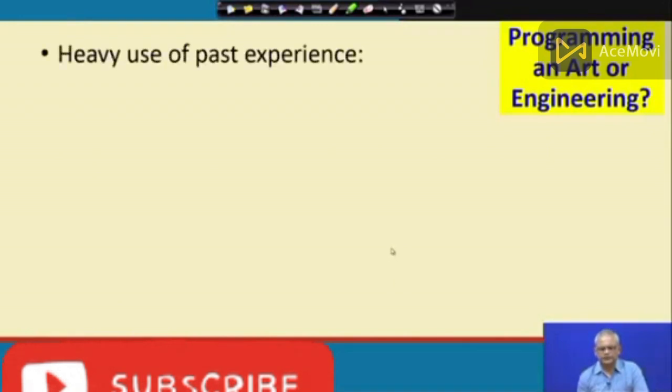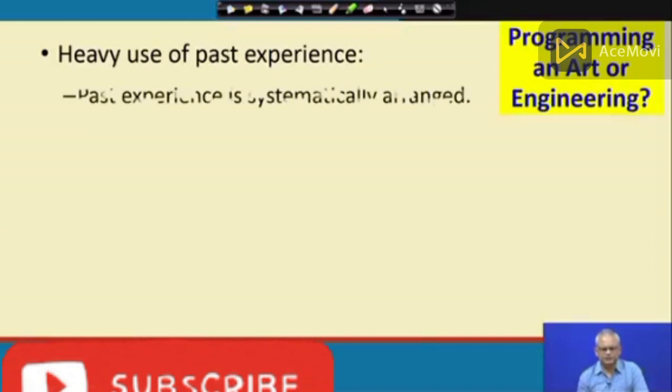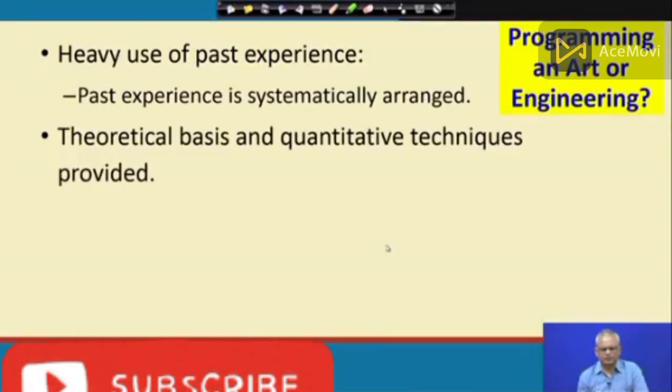If we look at the engineering approach to develop software, there is heavy use of past experience, and the past experience is systematically arranged. For this experience, investigation has been made, and a theoretical basis and quantitative techniques have been provided.